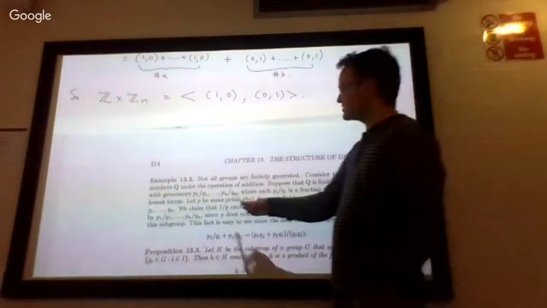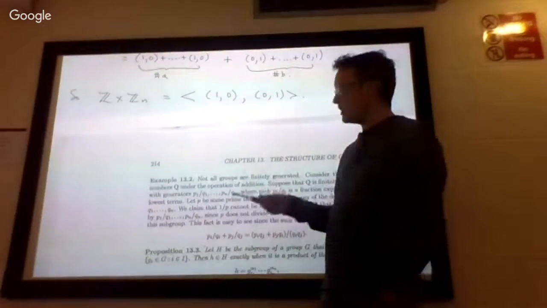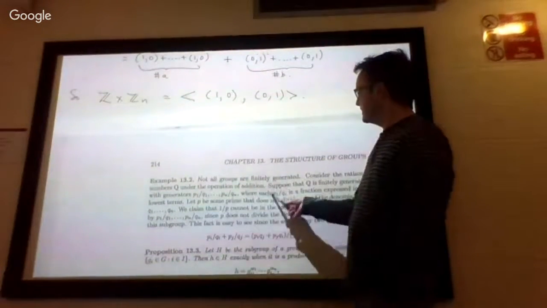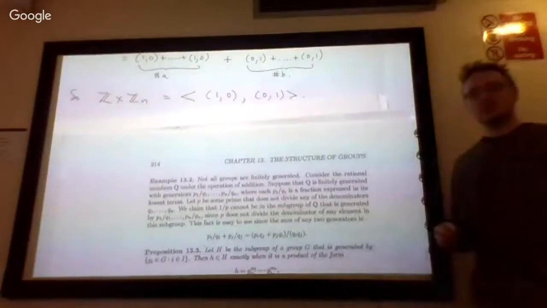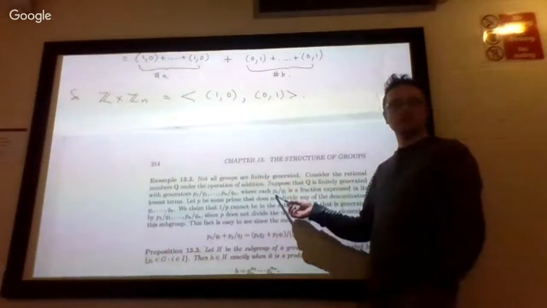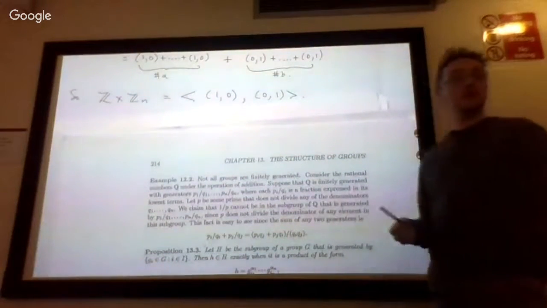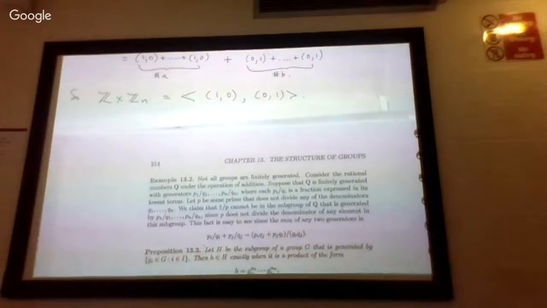Now we can suppose that each of these fractions, these p's and q's, are not necessarily prime, but what we do assume is that each fraction is reduced as much as possible, written in its lowest terms. In other words, the numerator and denominator are coprime. That's what you do when you simplify fractions as much as possible.